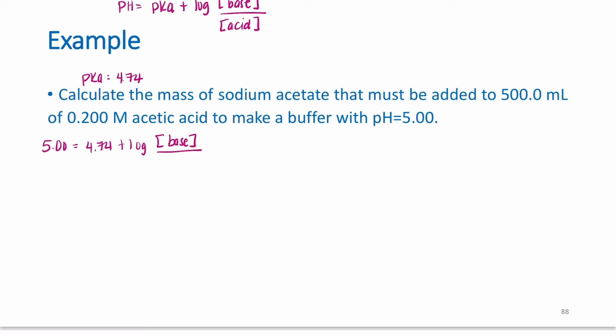We want to know the base. We need to figure out the mass of sodium acetate, so we need to figure out the concentration of base. And we know that we have 0.200 molar acetic acid. 5 minus 4.74 is 0.26. I'm going to raise both sides to 10 to undo that log.